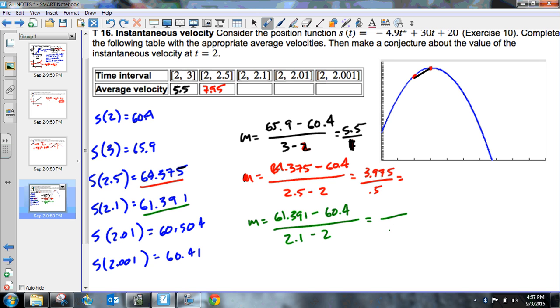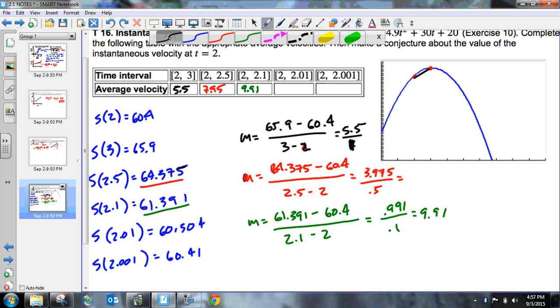That gives me 0.1 down below, so 0.991 divided by 0.1 gives me 9.91. All right, so my velocity is getting larger. As I get closer and closer to a tangent line, it's giving me a better approximation. Now let's do 2 and 2.01.